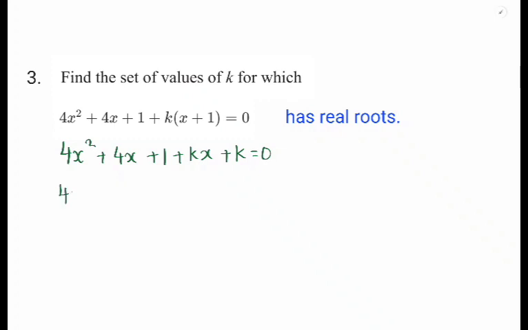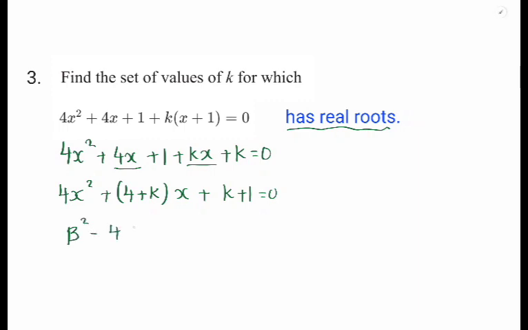So here 4x squared plus, now here 4x and kx, so 4 plus k, and then here is x, and then plus k plus 1 equal to 0. Has real roots means b square minus 4ac is bigger than 0.